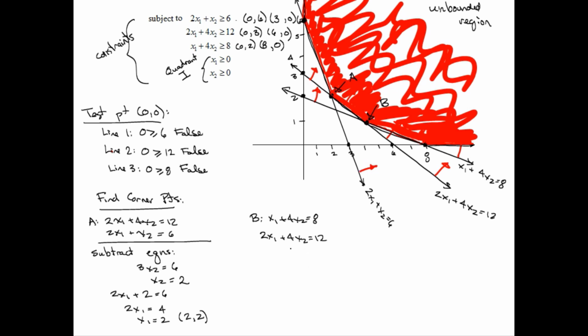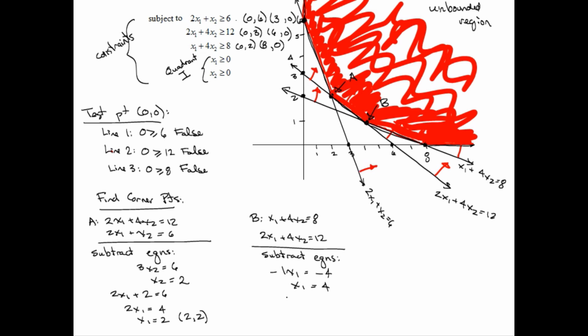Once again, it looks like if I subtract the equations, I can get one of the variables to go away, this time x2. And so x1 minus 2x1 gives me negative 1x1. 8 minus 12 gives me negative 4, so x1 then is positive 4.